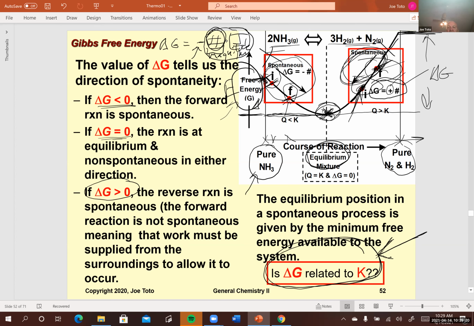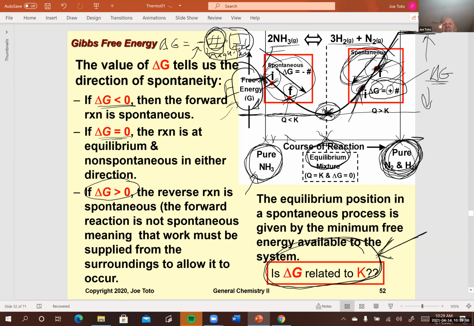So it kind of gives you an idea of how far away your initial point is from equilibrium in terms of the amount of energy that's given off. You have to go further in energy terms from pure products in this case than you have to go from pure reactants to equilibrium.